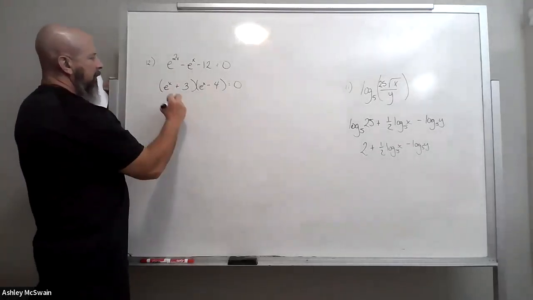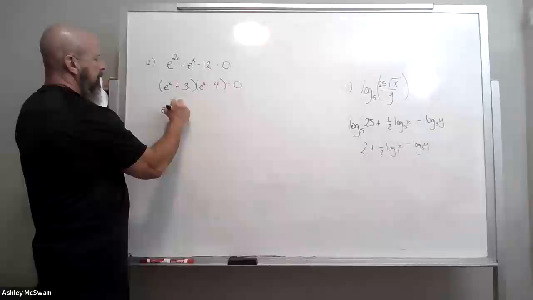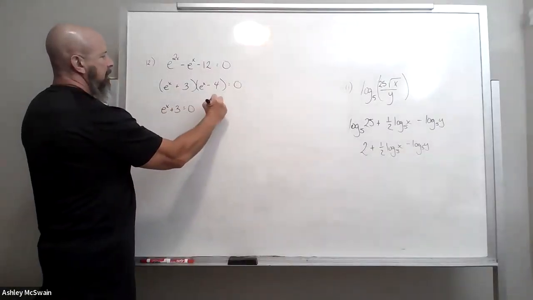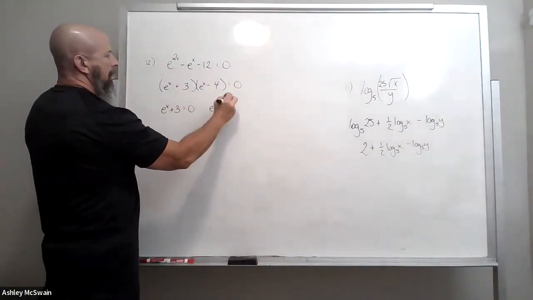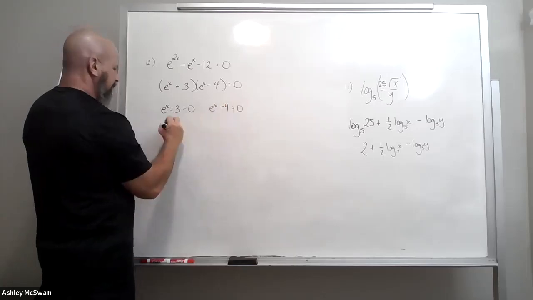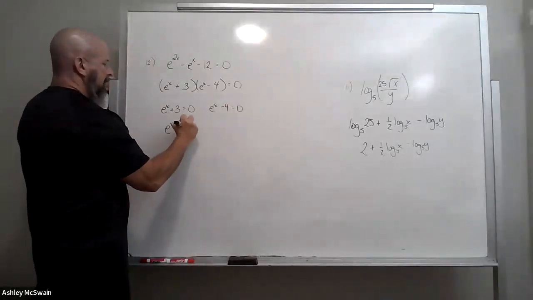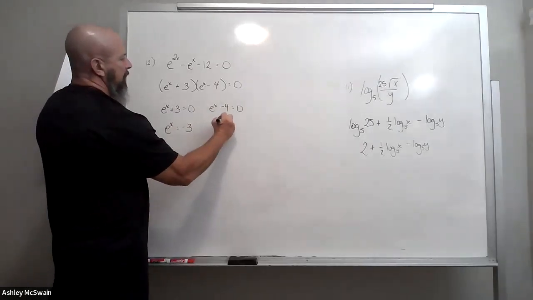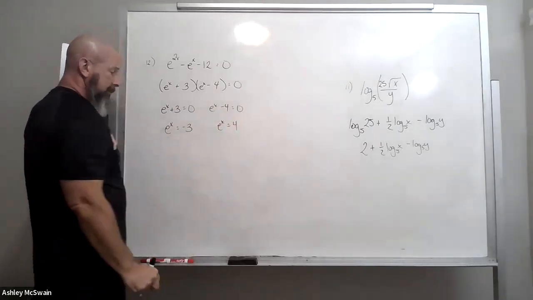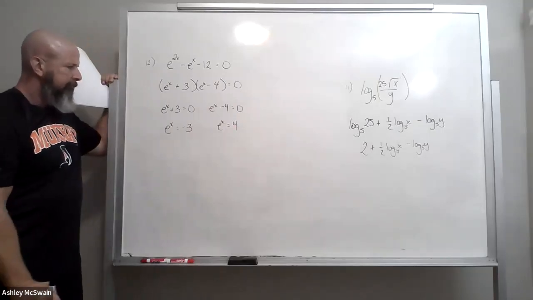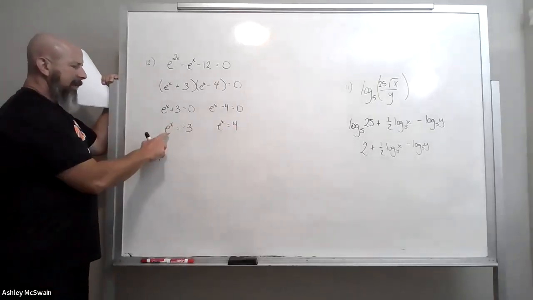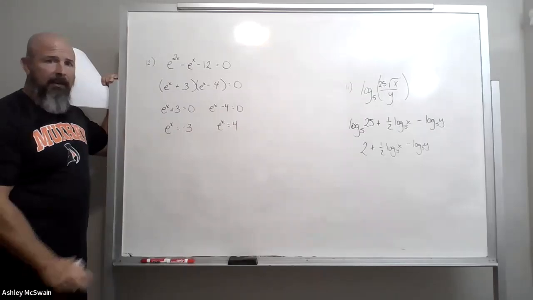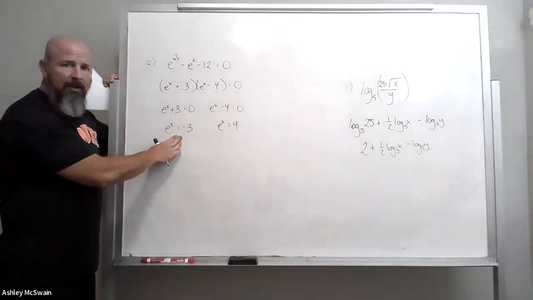So now if I set each part equal to 0, because I've got to finish solving for x here, e to the x minus 4 is 0. All right, this would be e to the x equals negative 3. And this one would be e to the x is 4. So now I'm looking at this and go, wait, e to the x would never be negative 3. This has no solution. I can't solve that.